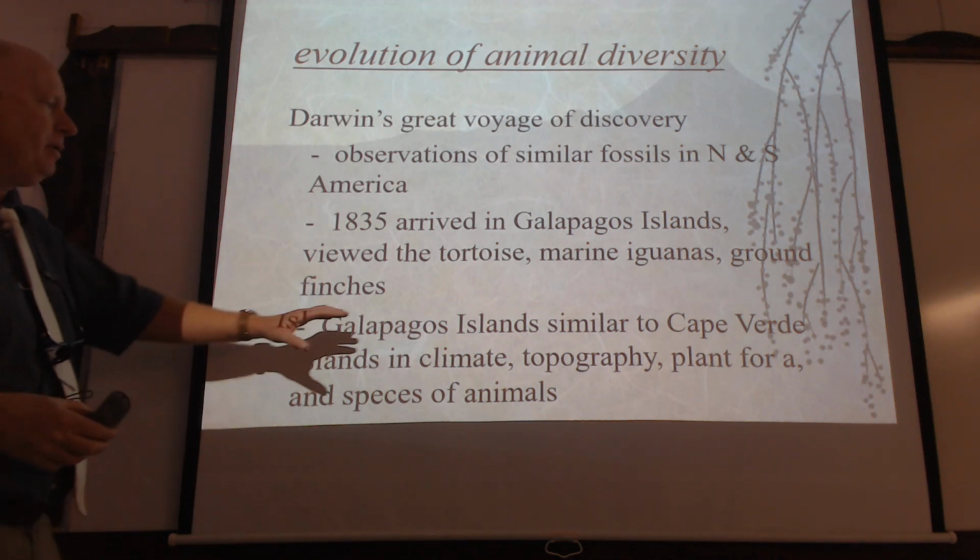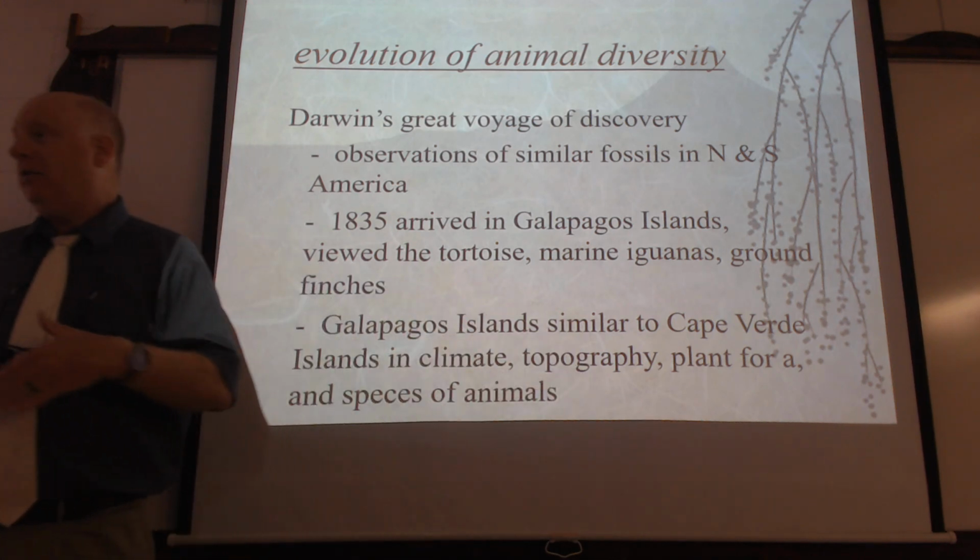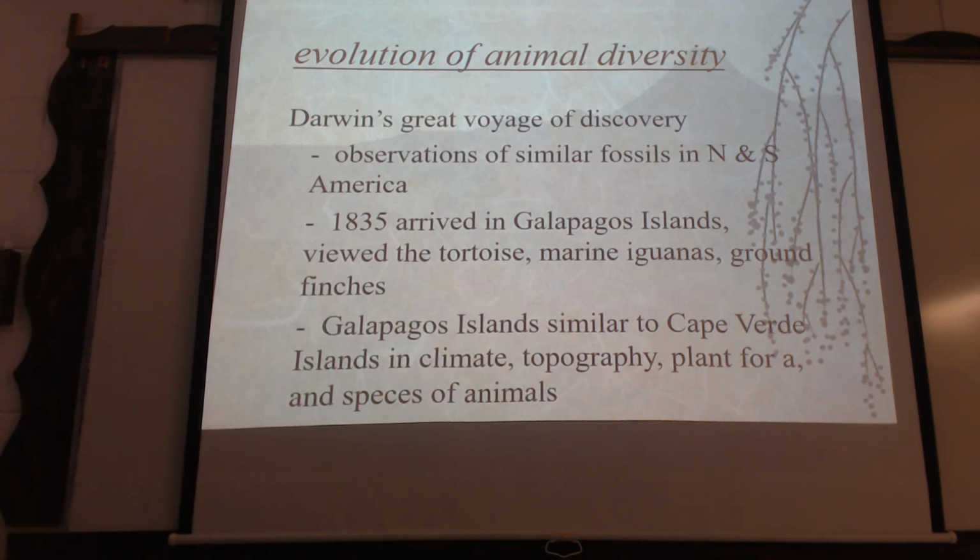So one of the aspects that Darwin discovered and documented is that some species, even though they don't look the same, are very much related. And what has to happen on these islands or in different portions of where animals can be found is they need to be able to adapt or die.